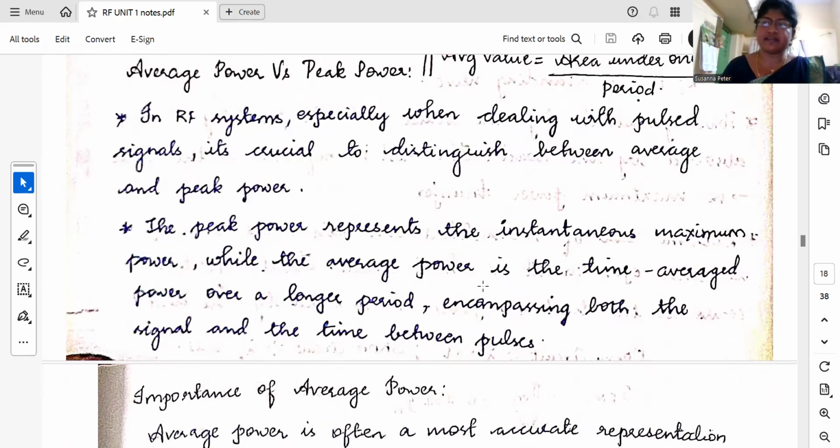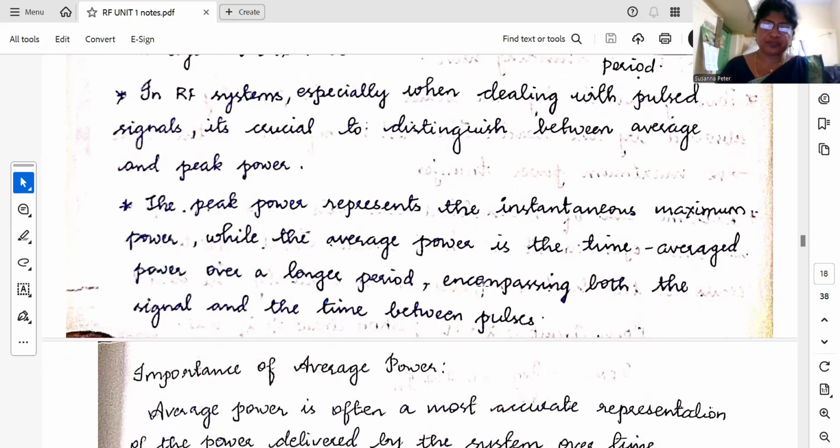So whenever we take average value into consideration, we consider peak power and average power. The peak power is the instantaneous maximum power, and the average power is the time average power over a longer period, including the signal burst and the time between the pulses.